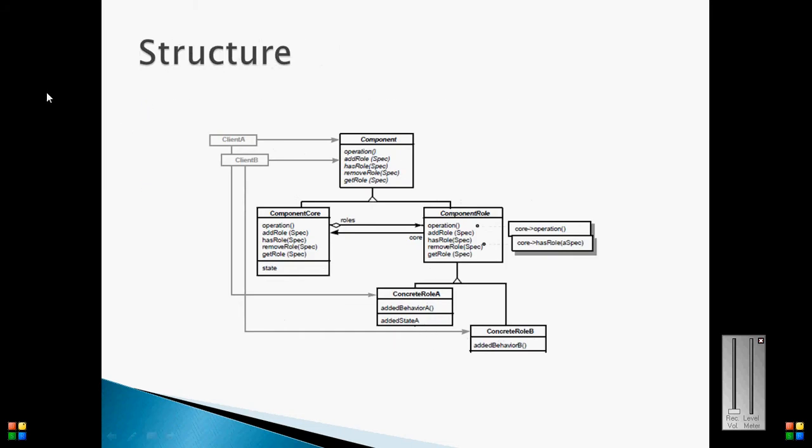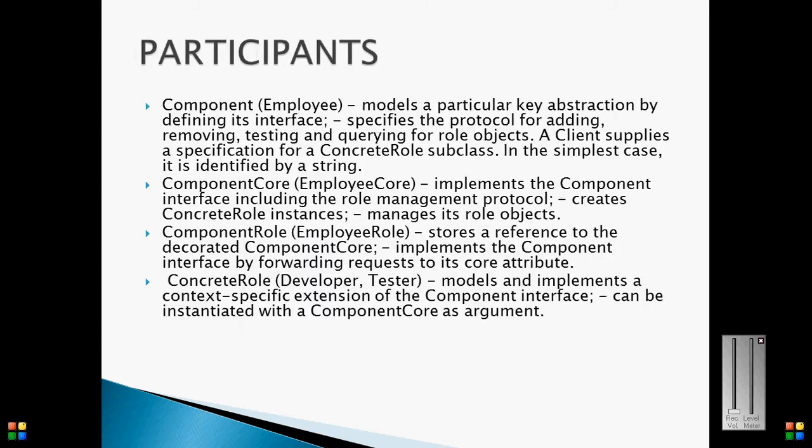For example, if client A uses concrete role A and client B uses concrete role B, then client A does not have to know about concrete role B. Same goes for client B. Client B does not have to know about concrete role A. So the application gets better decoupled.